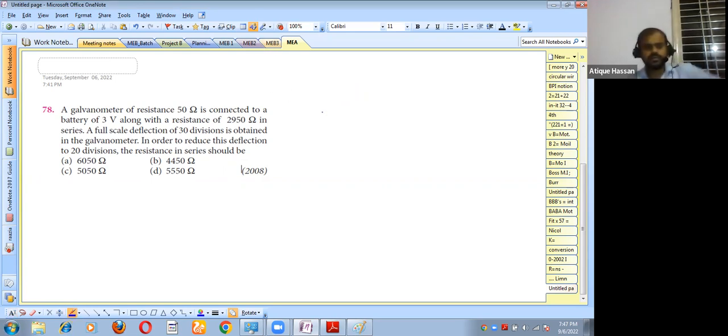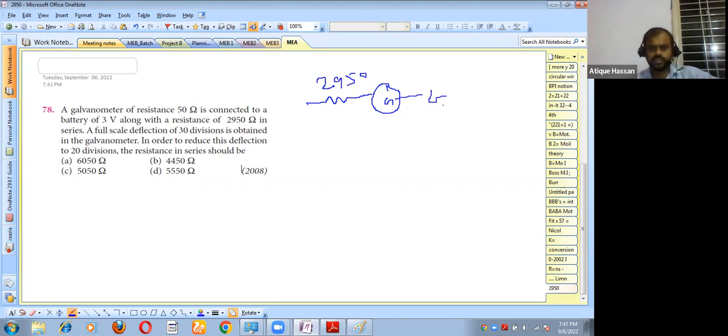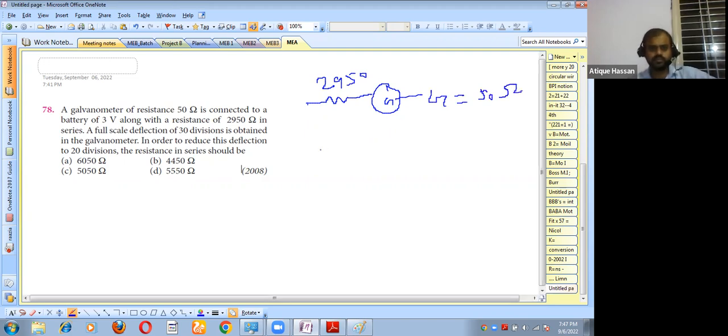It says that a galvanometer of resistance is connected to a battery of 3 volt along with a resistance in series. So we have a resistance of 2950 in series, and G is given as 50 ohm, connected to a battery of 3 volt.